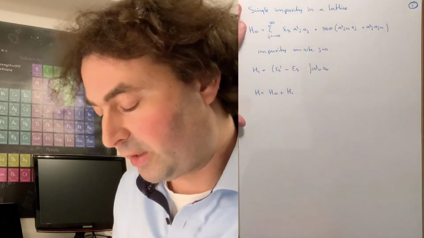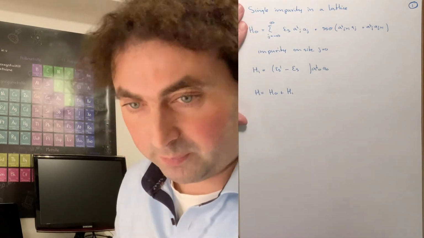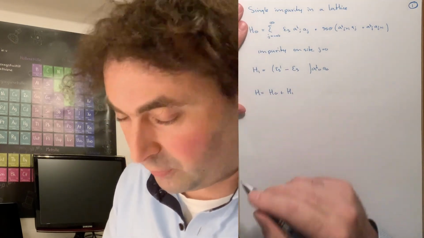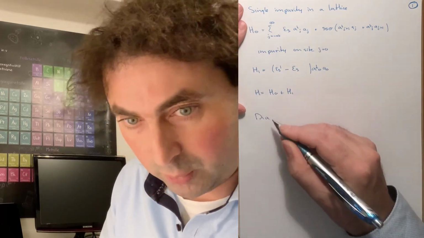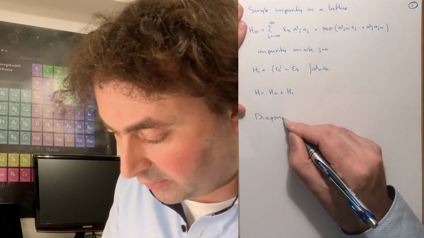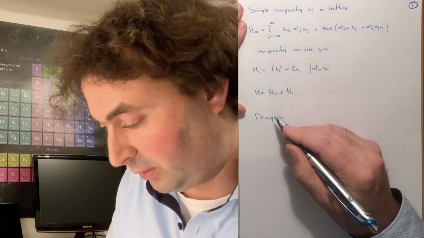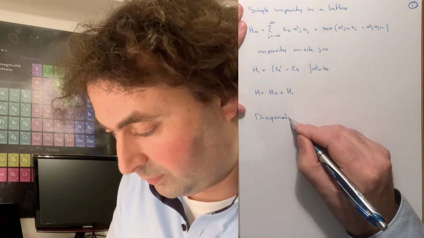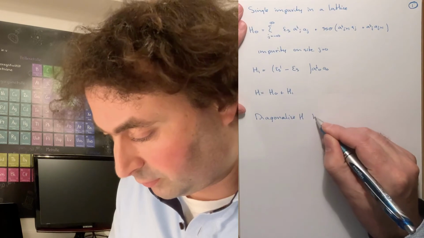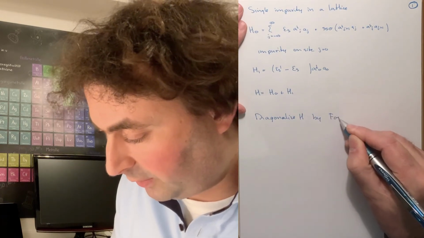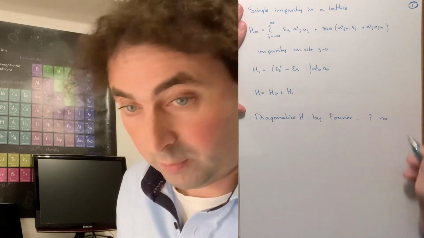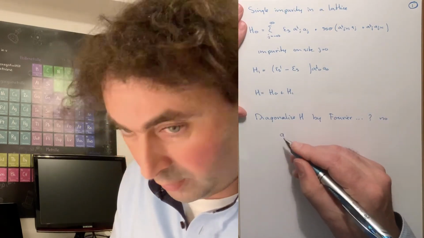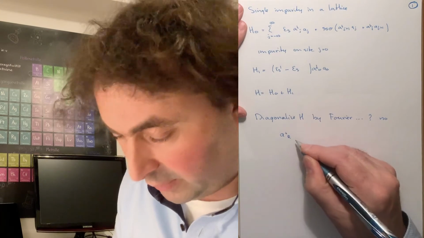But if we try to diagonalize the full Hamiltonian by a Fourier transform, then we'll see that this doesn't work. So the trick that we used so far to diagonalize by a Fourier transform will not work.